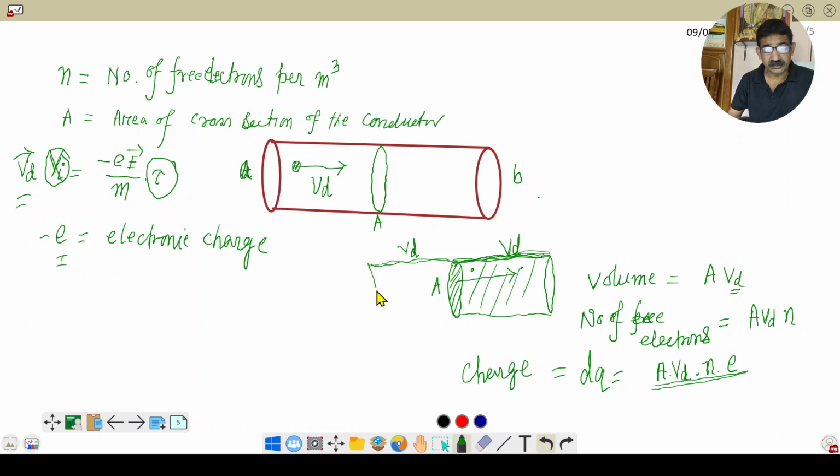So all the electrons within this space will cross this cross section.